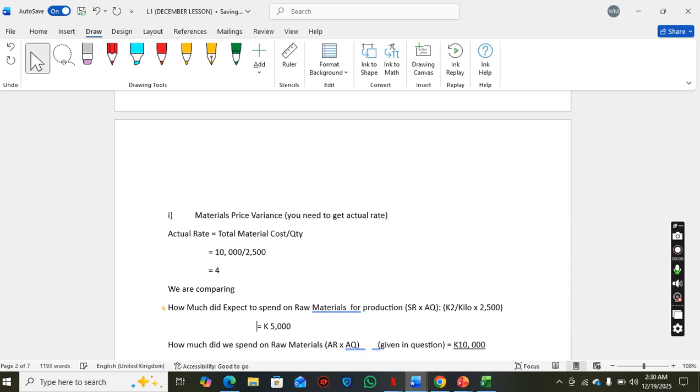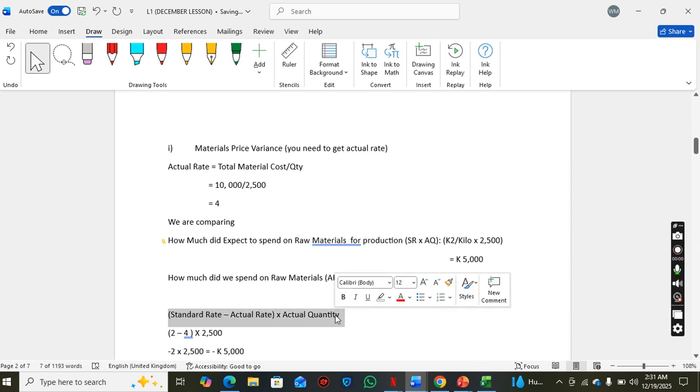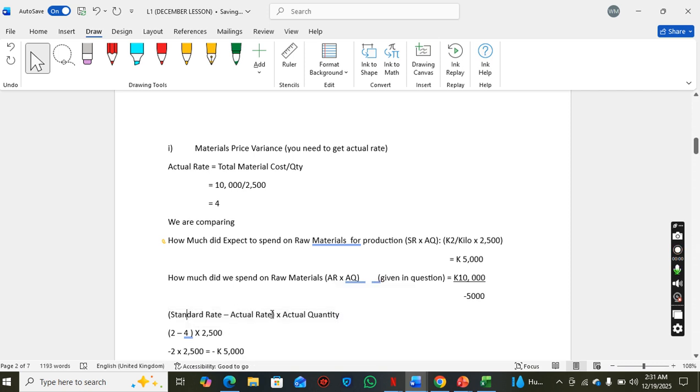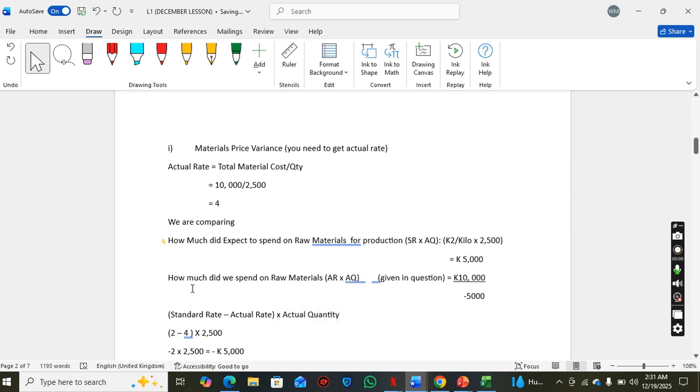And how much did we spend on raw materials for the actual production. So these two questions can be put in this formula: the standard rate minus the actual rate, multiplied by the quantity. When we multiply the standard rate with the actual quantity, it tells us how much we expected to spend on raw materials. When we multiply the actual rate by the actual quantity, we're finding out how much we actually spent on the raw materials.